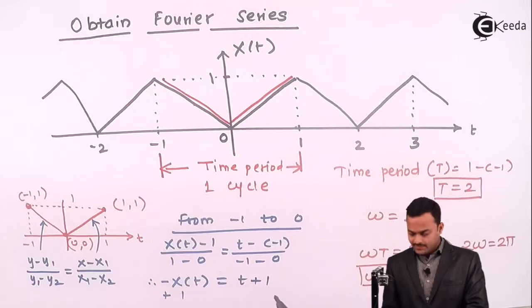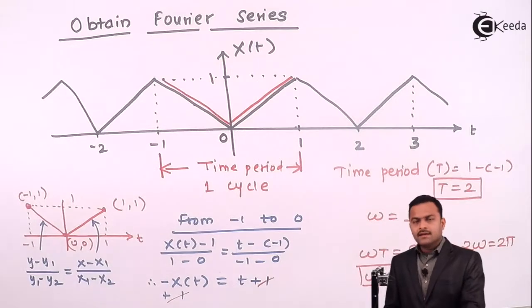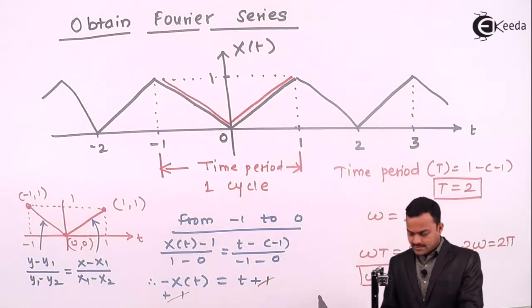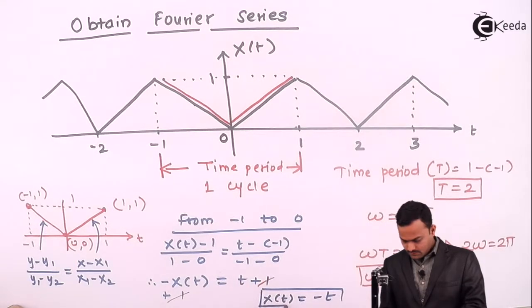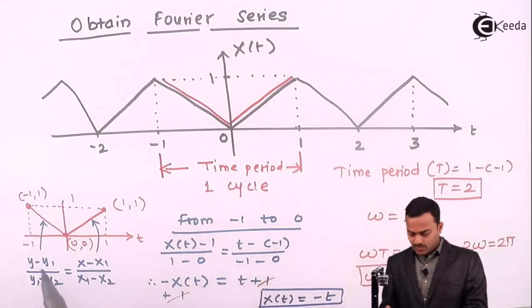So what exactly have I done? I have simplified this and cross multiplied. After solving this, we'll come to know this 1 gets cancelled, and in the end I will get x of t as minus t. Later on we will write this properly.